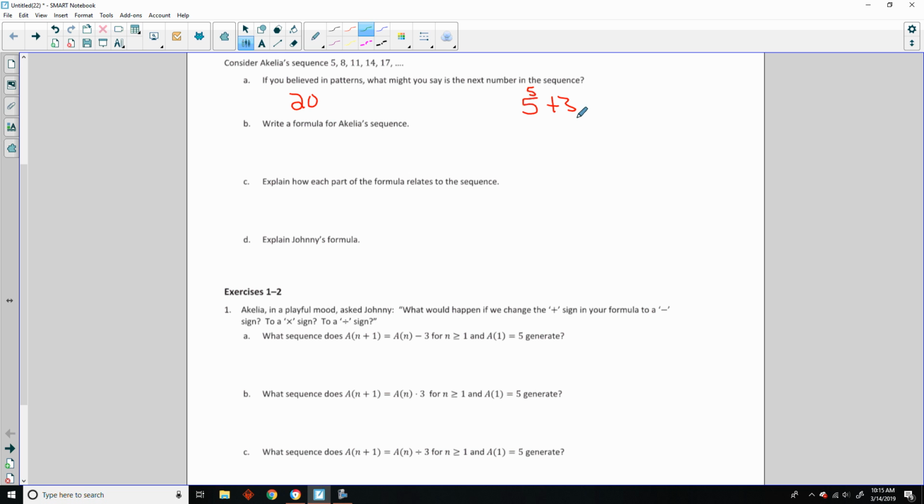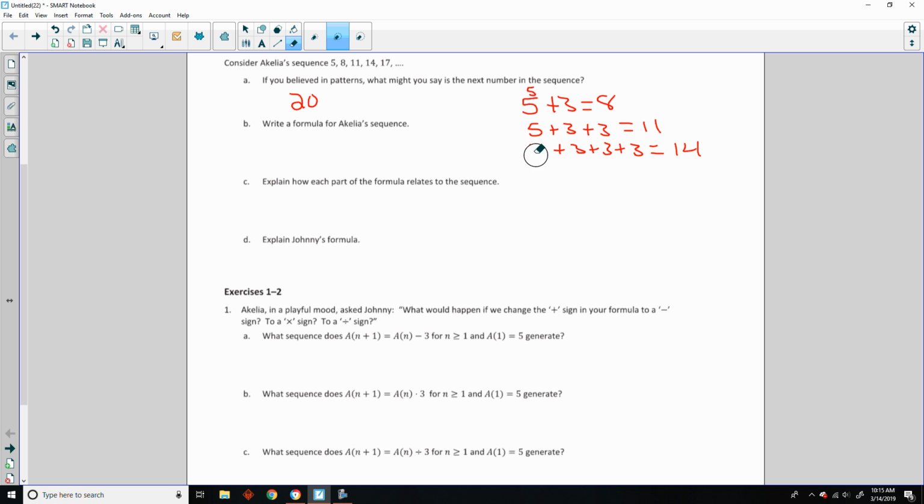Second term was 5 plus 3. Third term is 5 plus 3 plus 3. This equaled 8. This equaled 11. So 5, 8, 11. And the next one is 5 plus 3 plus 3 plus 3, which equals 14. And so on and so on.